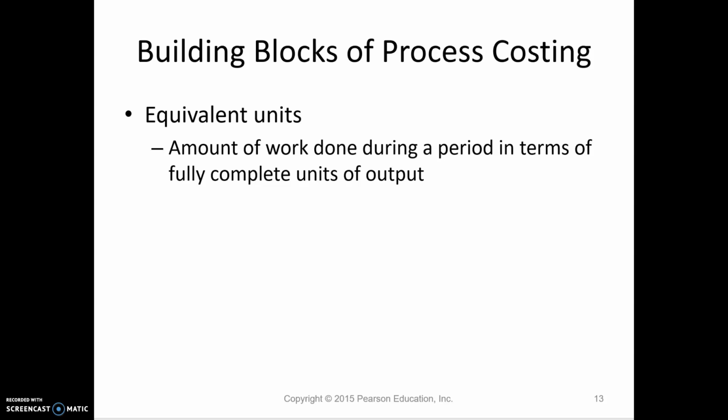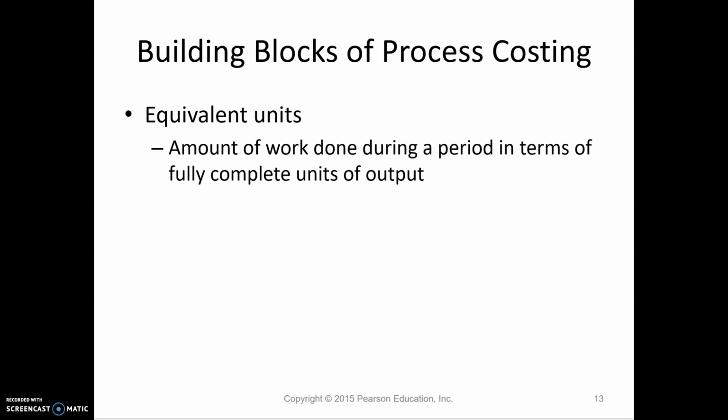Well, if you think about it, at the end of the period, we have some units that are only partially done, right? Those are our ending work in process units. Well, when we're trying to find our average, we can't just take the sheer number of partially completed units. We want to put together those partially completed units and say how many fully completed units would we have if we put them together.